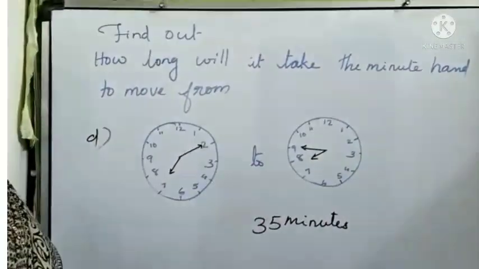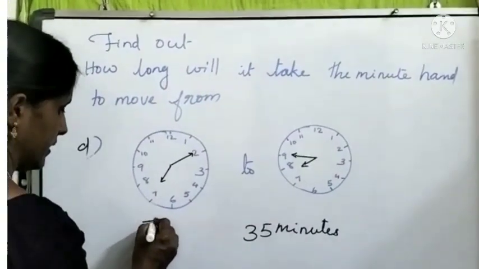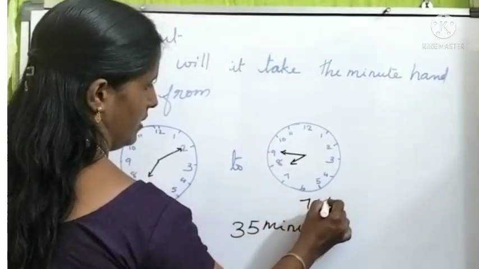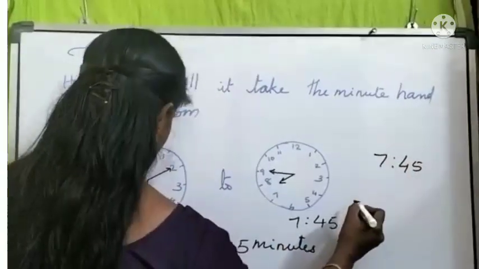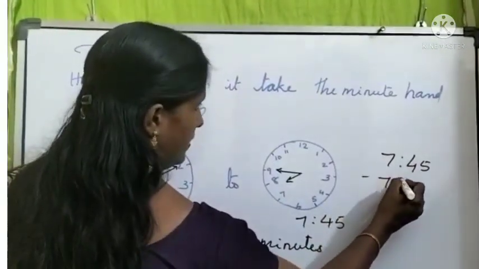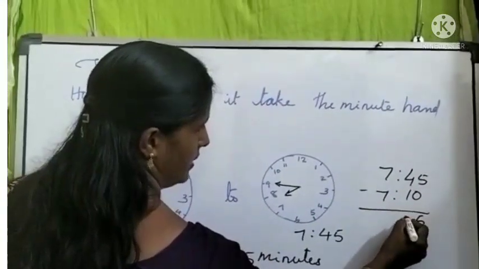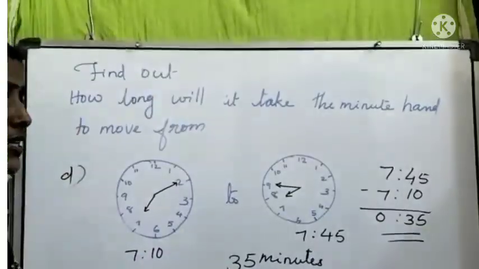Another way, how can we find the answer? Here the time is 7:10 and here the time is 7:45. So subtract 7:45 minus 7:10. 5 minus 0 is 5. 4 minus 1 is 3. 7 minus 7 is 0. So the answer is 35 minutes.